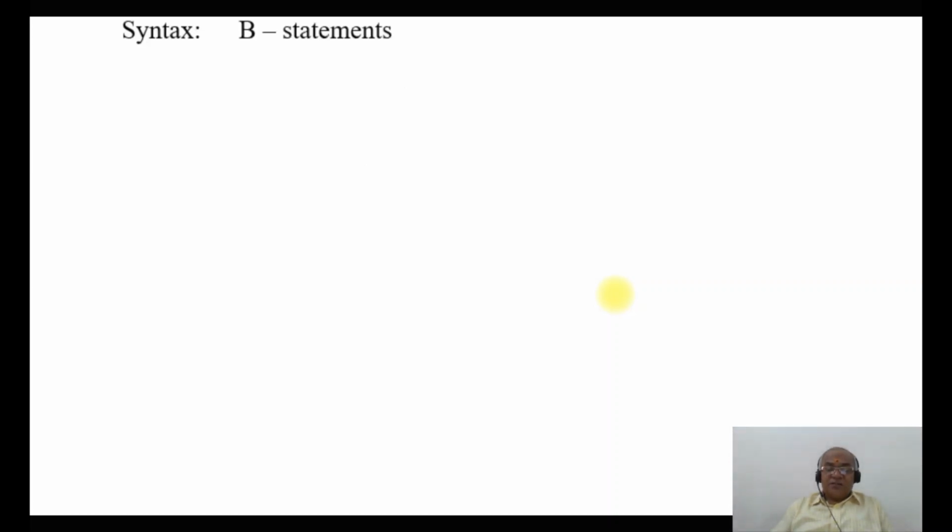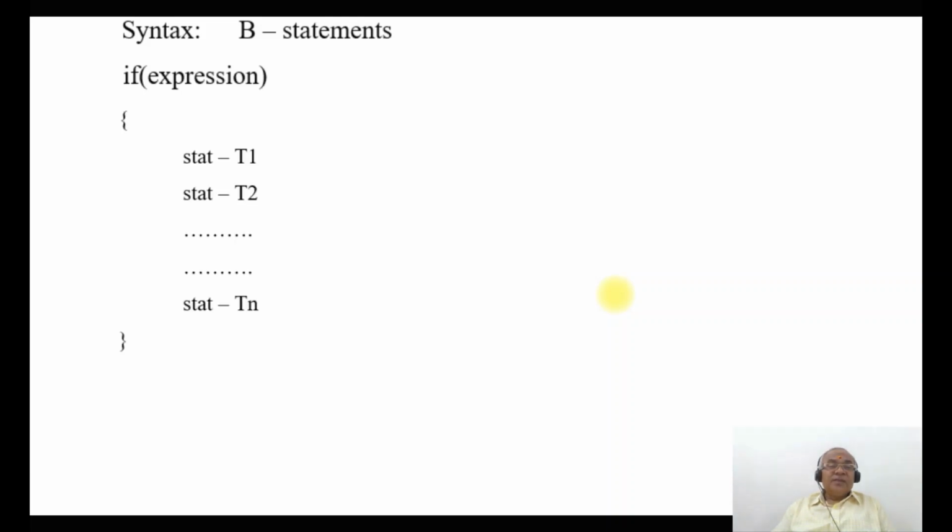It is the one-way selection, one-way decision statement. So what is the syntax for this? We start with if and the condition, that is the expression. Suppose I want to check whether a number is odd or even, then we take the number mod 2. If the remainder is equal to 0, then it is even. If the remainder is a non-zero value, then it is an odd number.